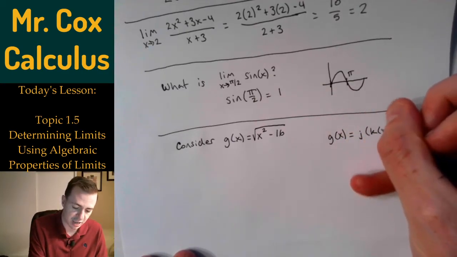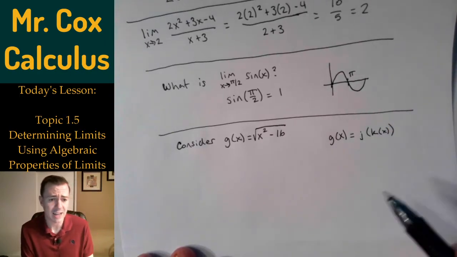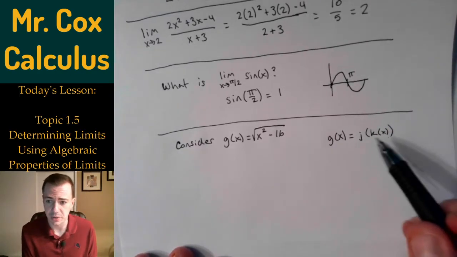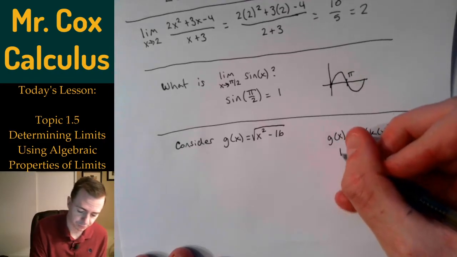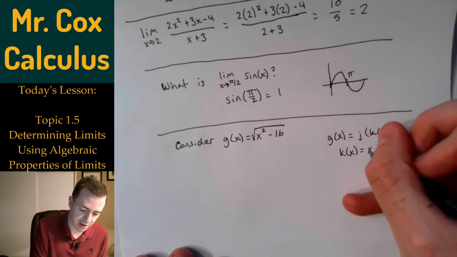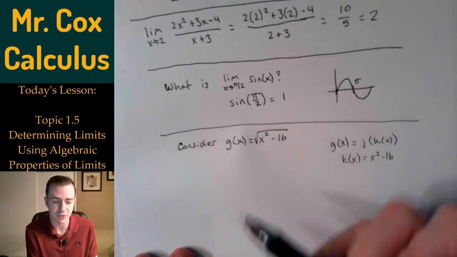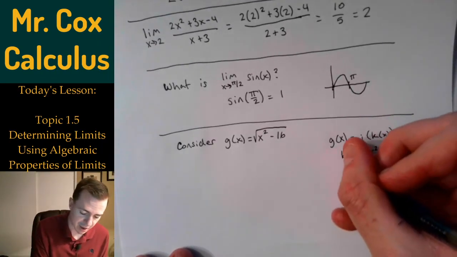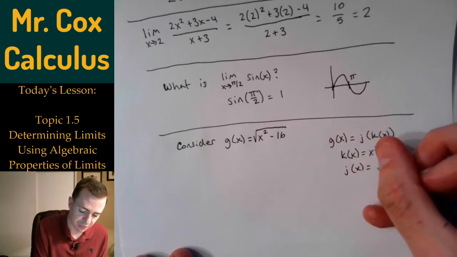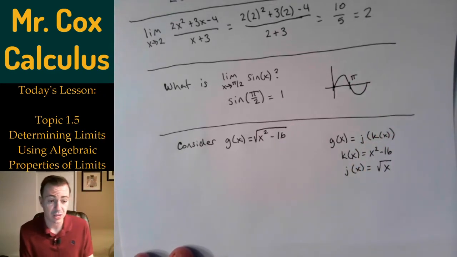I can say it's j acting on k of x. So k of x, my inner function, I can define as x squared minus 16. That's the part inside the square root. And that means my outer function, j of x, is simply the square root of x.